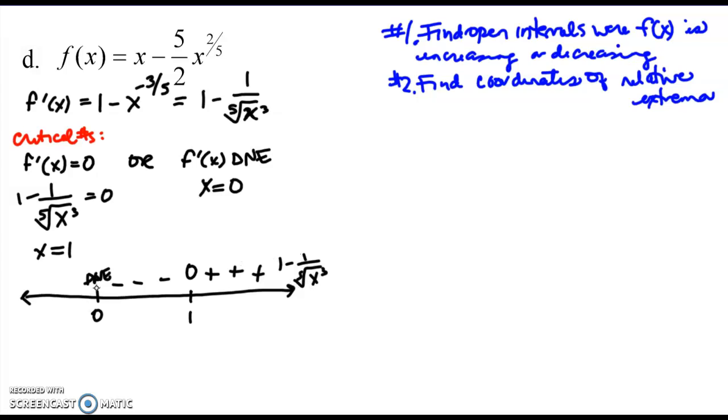How about if we have a negative for x? It's going to be 1 over something, this evaluates negative. It's going to be 1 minus something, this will turn positive. It'll be a positive answer.